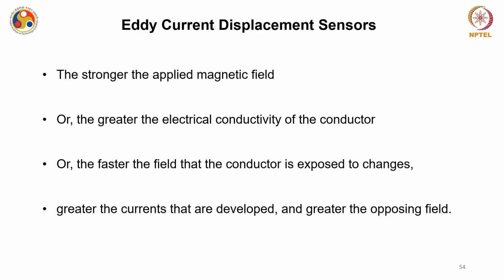So the stronger the applied magnetic field, or the greater the electric conductivity of the conductor, or the faster the conductor is exposed to change, the current levels change at a higher pace, and it opposes this field at a high rate. Based on this the impedance changes at a faster rate, and these devices therefore are very fast.